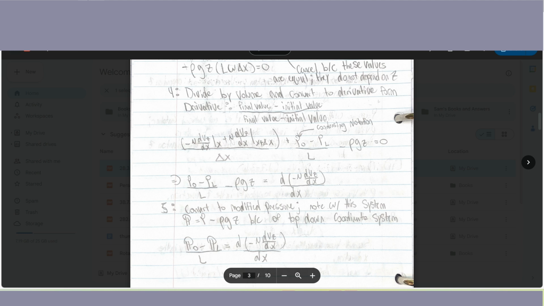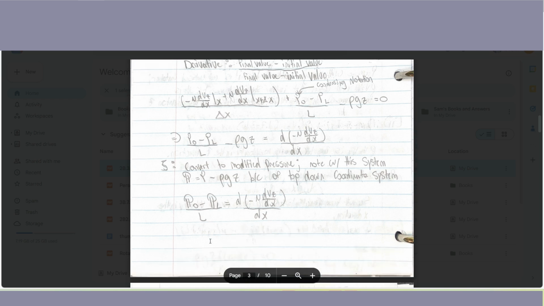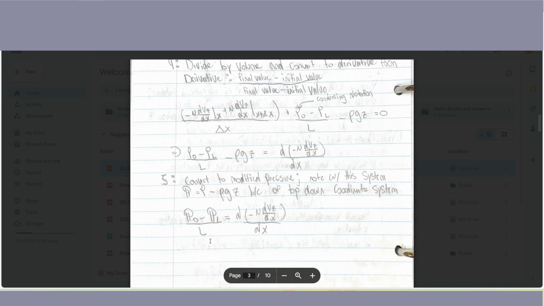You can do some algebra for that, but it works out if you say delta pressure equals that. So z is minus in this case because the coordinate is from the top. Just trust me on that. So just transform this to that.